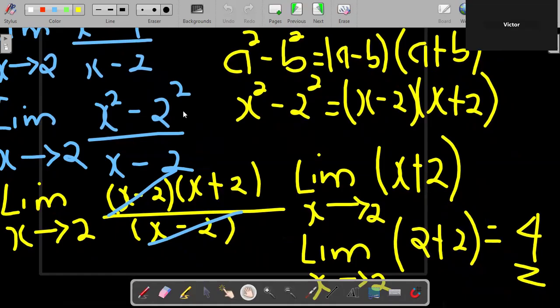Okay. So that is a way to solve a limit.